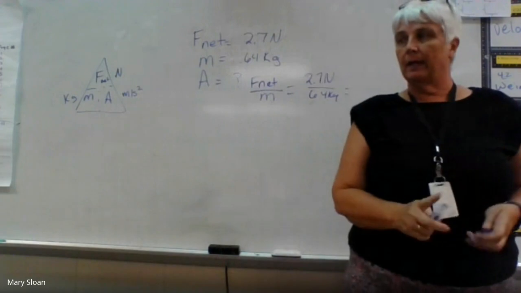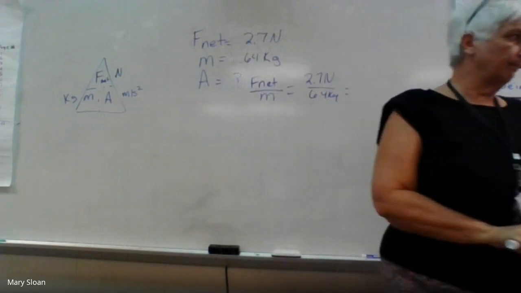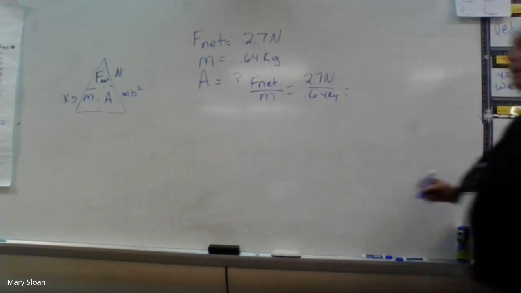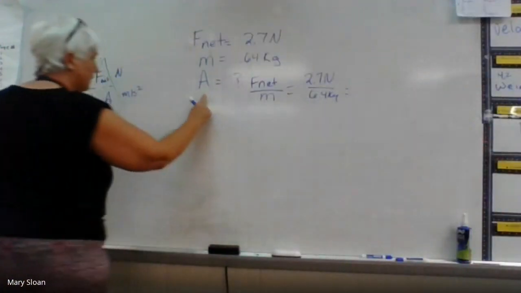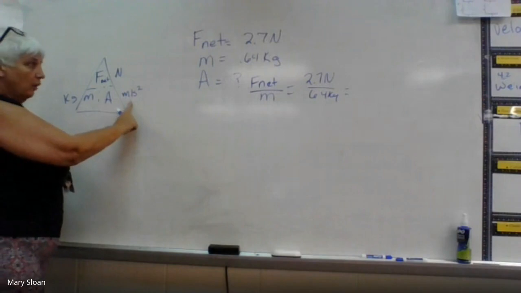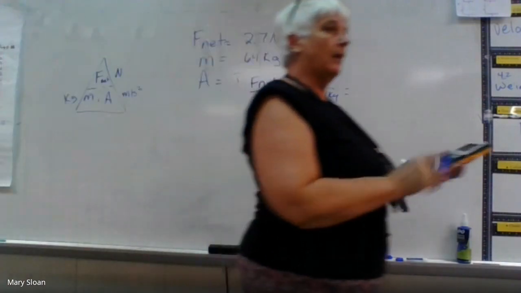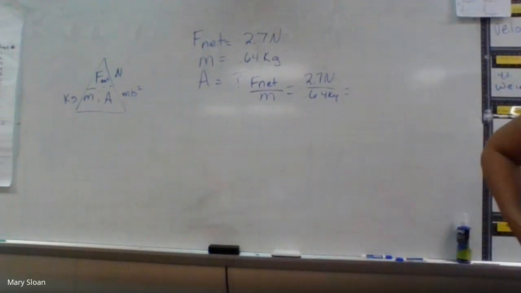In your calculator, put that in and write down your acceleration. Now, the question is this. What is my unit of measurement here? We're looking for meters per second squared, right? So write that down. Everybody good? I'm going to let you do the next problem.